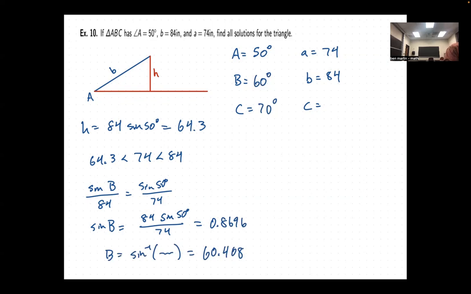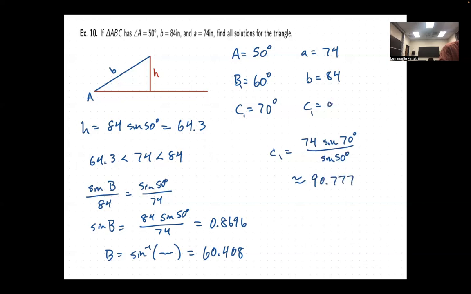And we need to remember that that is B1, C1, C1. Now we're going to get the C1 to be equal to the A sine of the C divided by the sine of the A. And we will go ahead and get that. 74 times 70 sine divided by 50 sine equals 90.777.